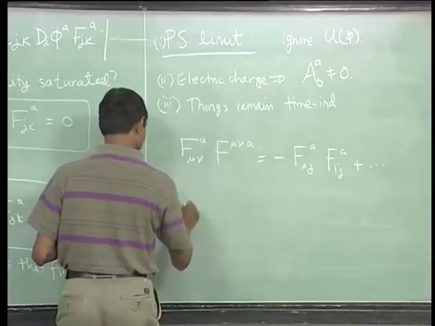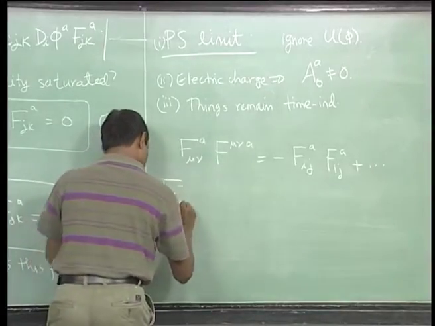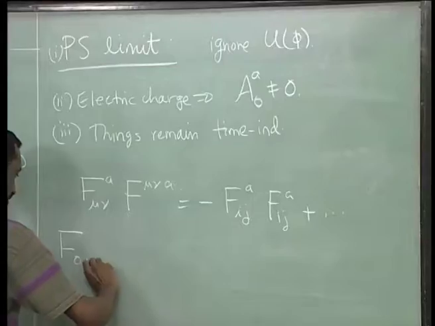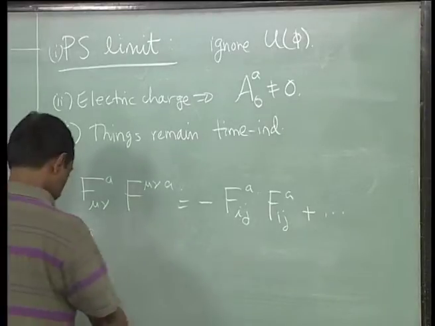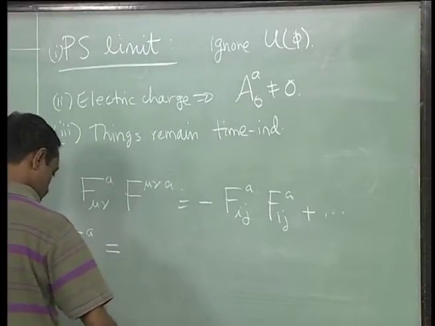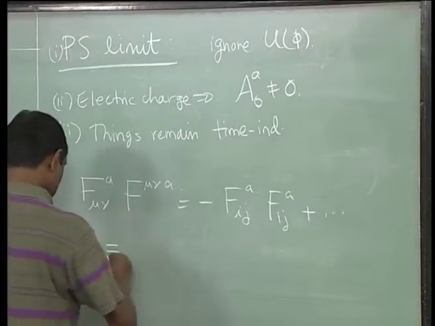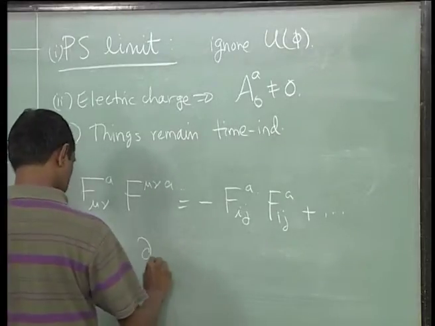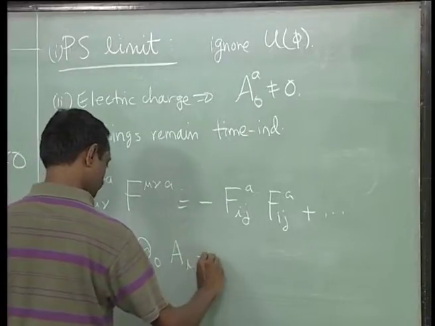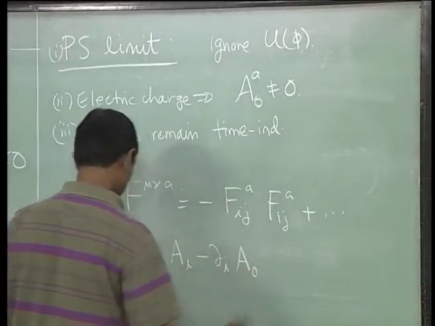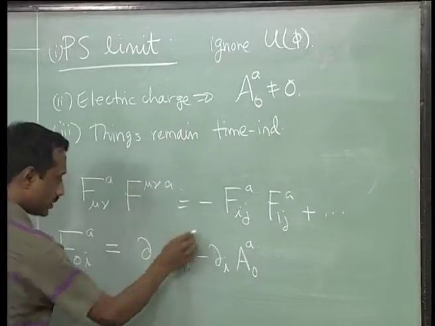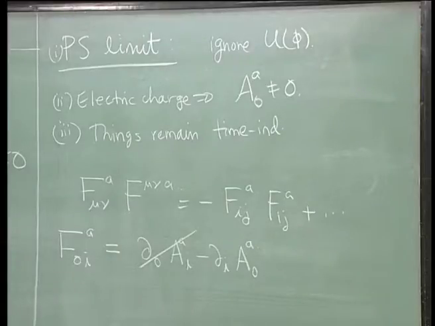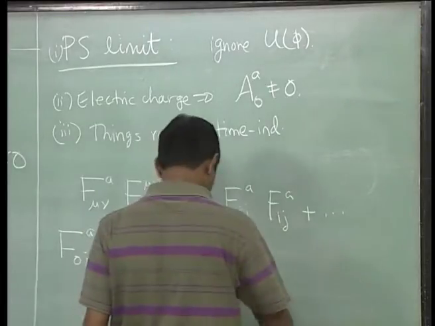To look at that, let us consider the following. Let us look at F_{0i}^a. Let us write this out. There will be one part which would be d0 A_i minus D_i A0 of a. So first thing to note is that this term dies down. But what about the other pieces?